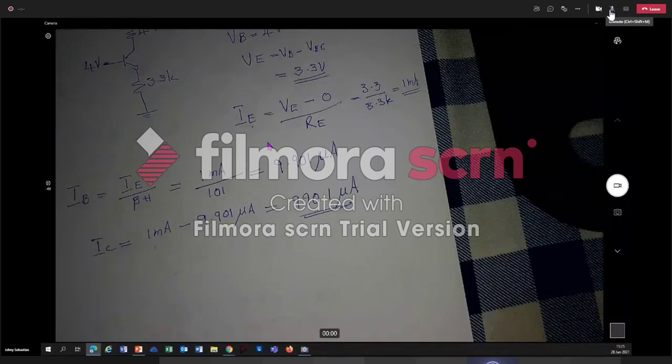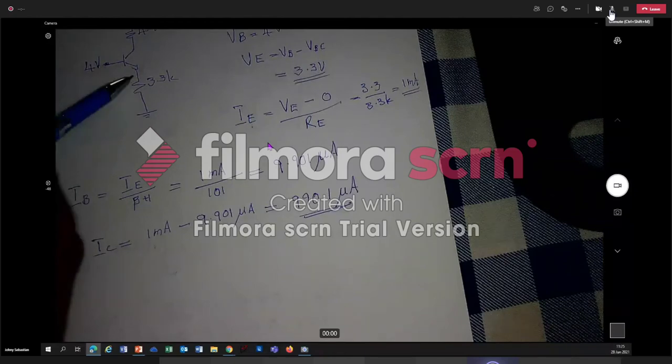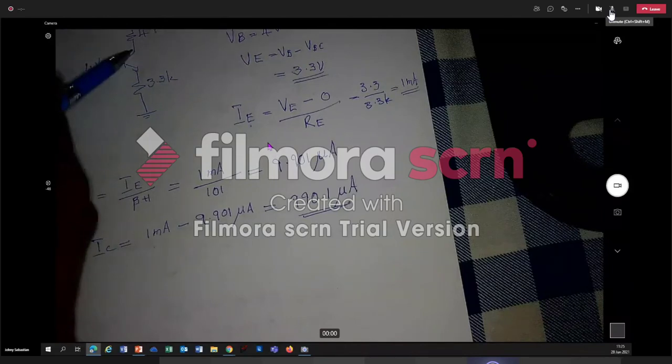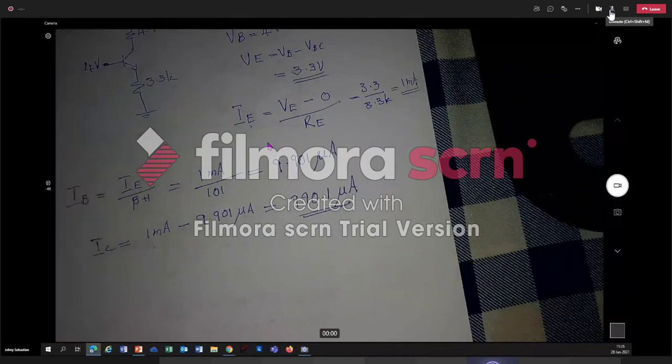What else do we need? We found all the currents. Voltage at the base is 4 volt, given. Voltage at the emitter is voltage at the base minus 0.7, you got 3.3. Voltage at the collector, that is something we don't know. There is only one way to find out the voltage at the collector.